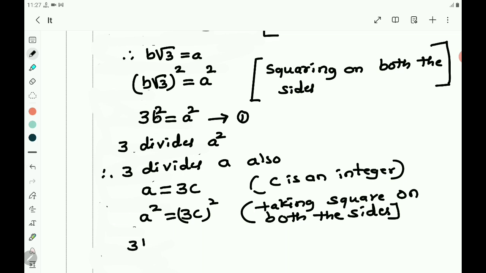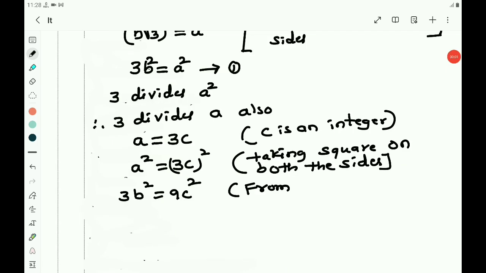So 3b square equals, what is the square of 3c? It is 9c square. Then you can divide by 3. You get b square equals 3c square.